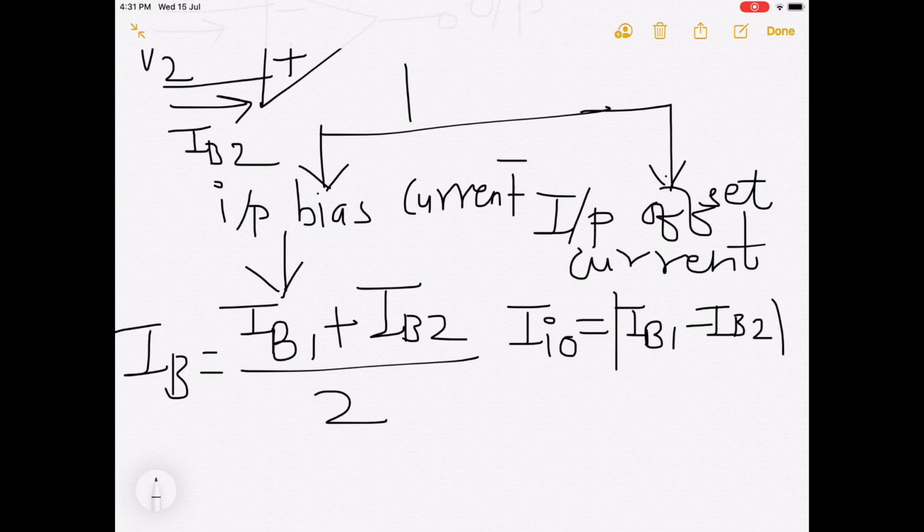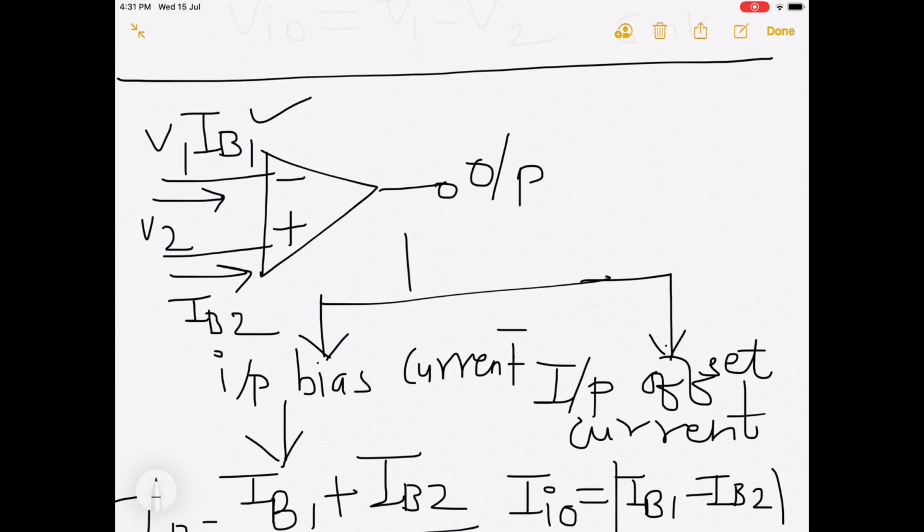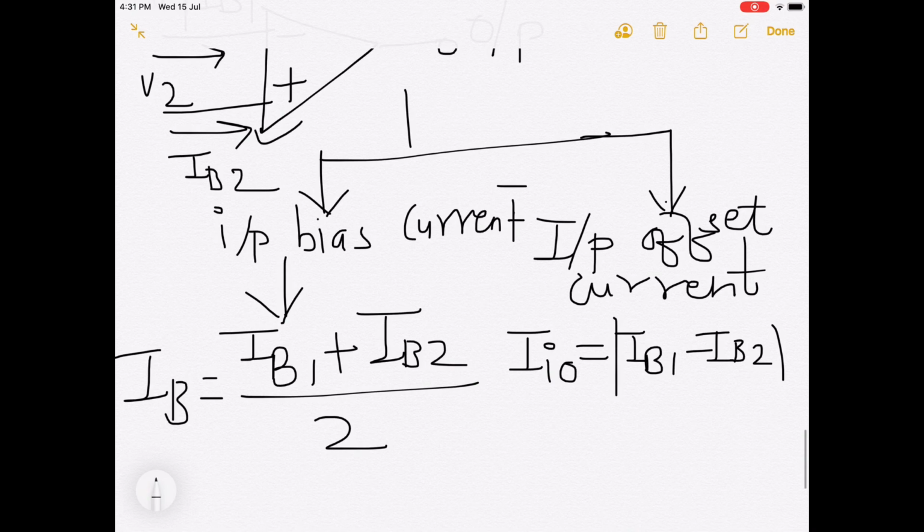It is the algebraic difference between the input currents flowing through the inverting and non-inverting terminals of op-amp. So, IIO is the input offset current and IB is the input bias current. Input bias current is the average of the two currents and input offset current is the difference of the two currents. So, what are the practical values?